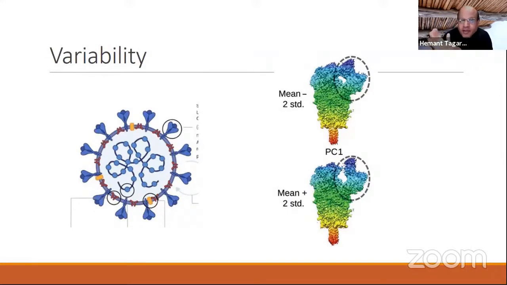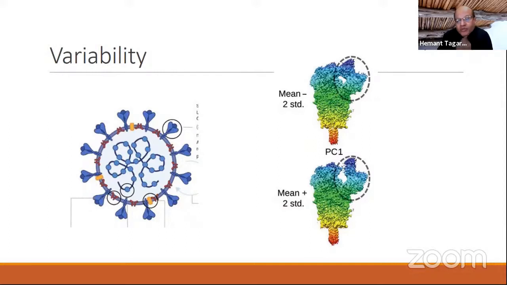Some of the spike images have structures in other conformations. We have some methods for trying to understand which of the images have structures in one particular conformation or another. And we found that there were actually several modes of change of that structure.